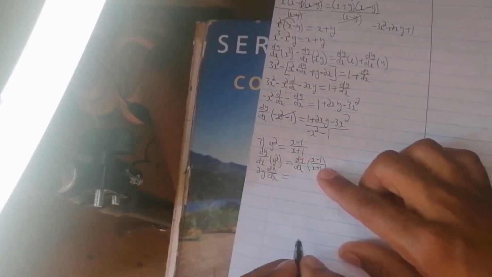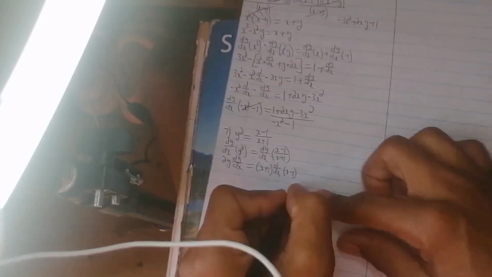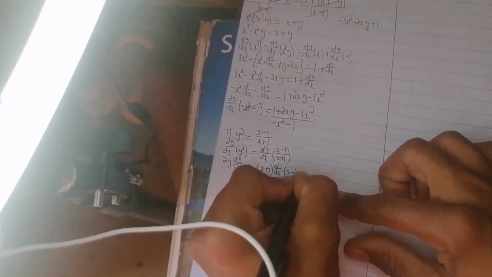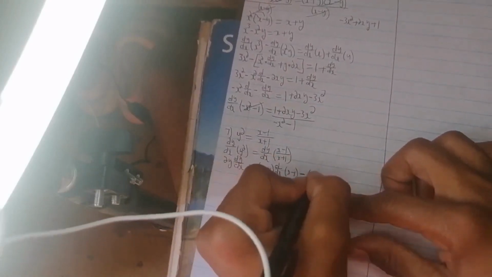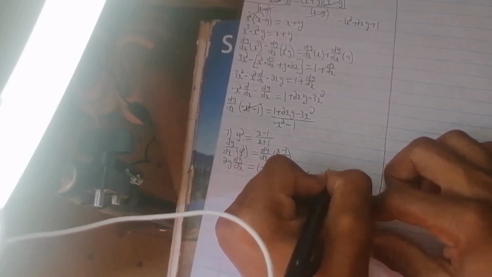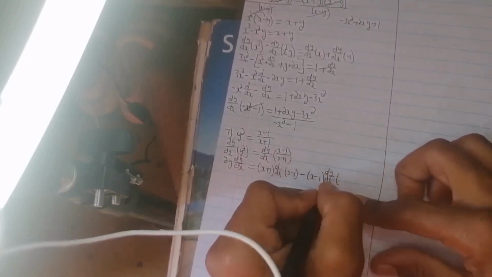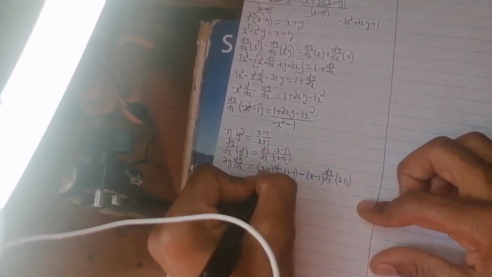I'm going to apply the quotient rule. I'm going to hold on x plus 1, differentiate x minus 1, minus, I hold on x minus 1, differentiate x plus 1, divide by the denominator squared.